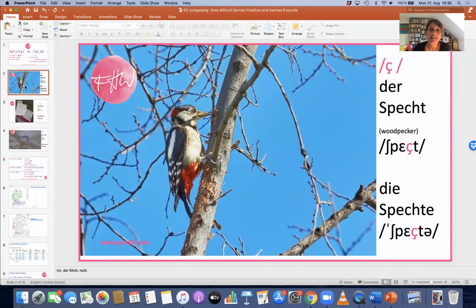Specht. Now, what you do is you press both sides of your tongue up against the inner rim of your upper teeth.